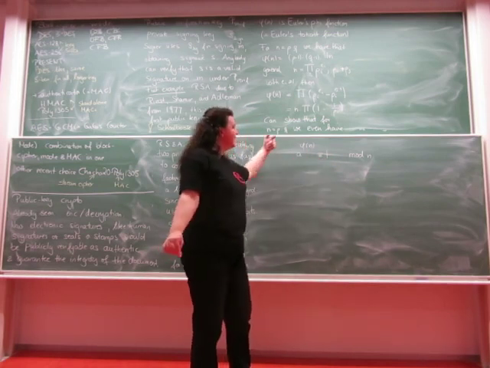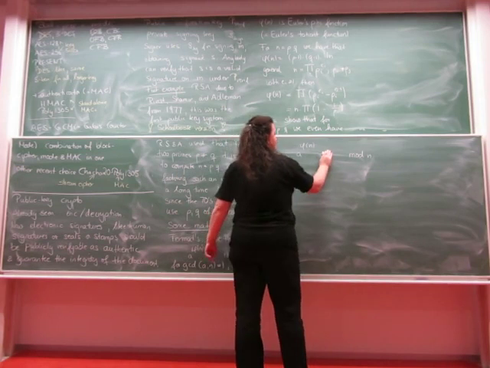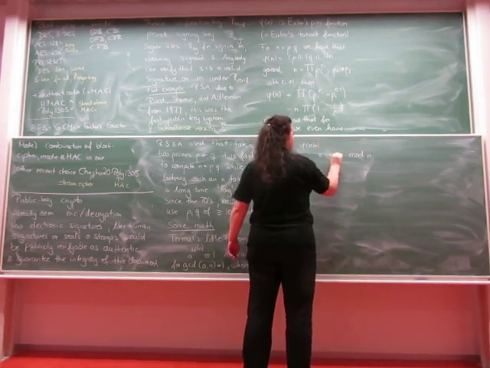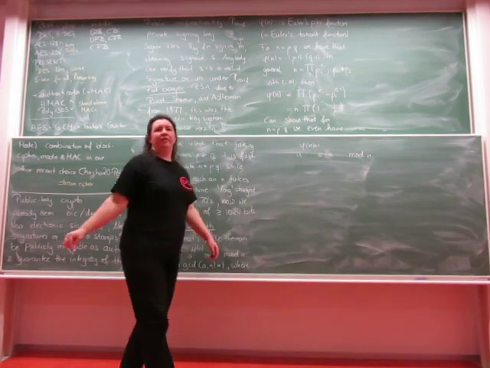But if I multiply by a, so do phi of n plus 1 and a here, then it holds for everything.